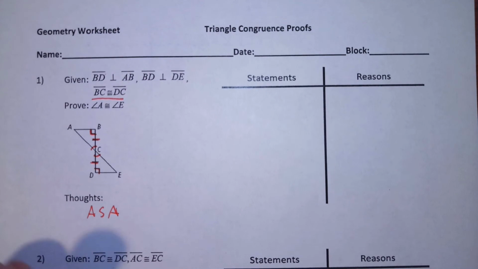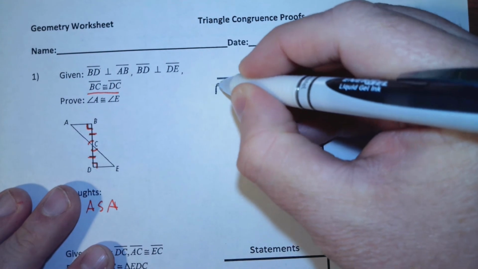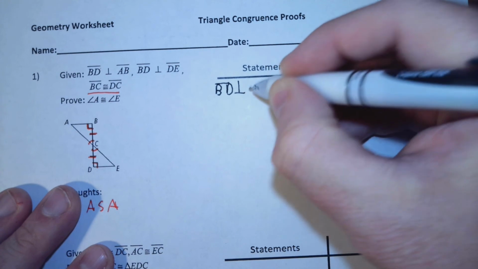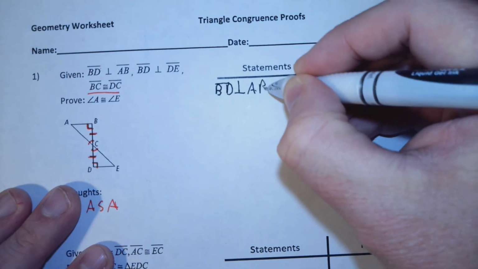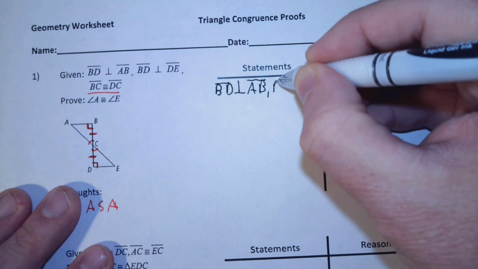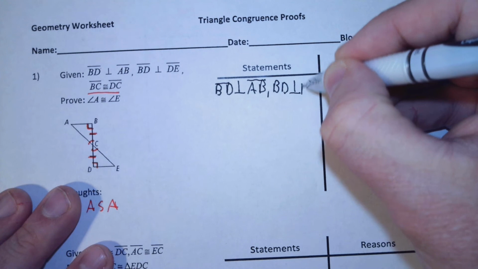So let's go ahead and go through this. Of course, we're going to have to go ahead and write our given. I'm probably not going to be able to write it on the same line, and that is okay.